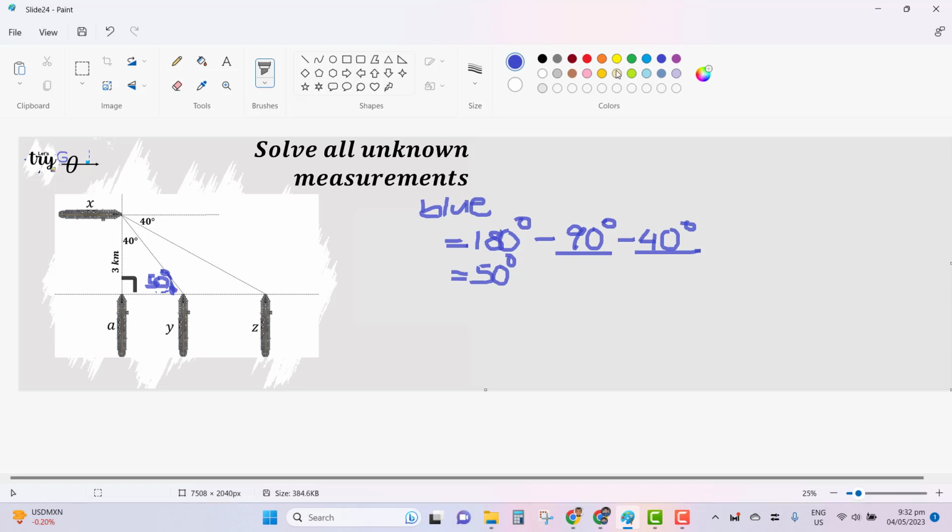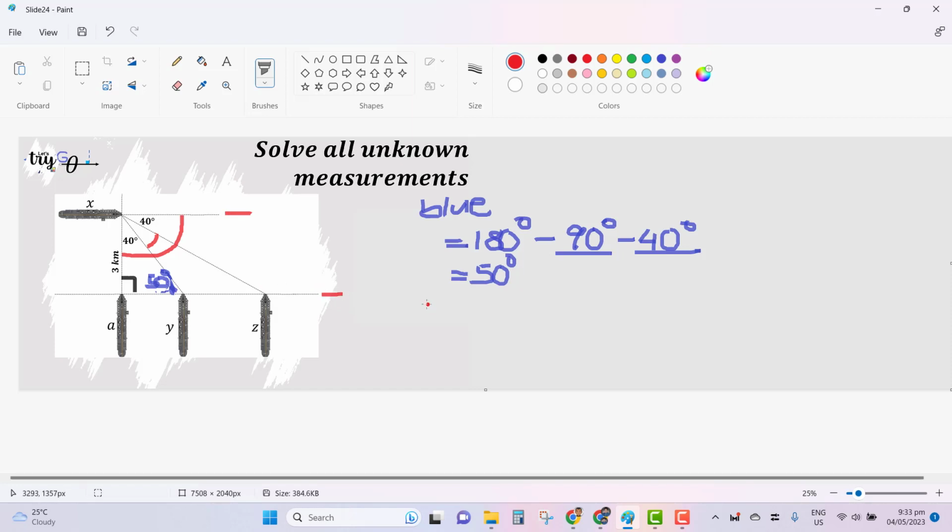Alright. Next is, how about this angle here? Let me use a red color. This angle here is not an angle of the right triangle we just used, because this is the right triangle. The second right triangle that you could have is from A to Z to X. This is just a portion. But this measurement can be solved looking at these three angles here. We are going to assume that this is also 90, the right angle, so that this line here is parallel to here.